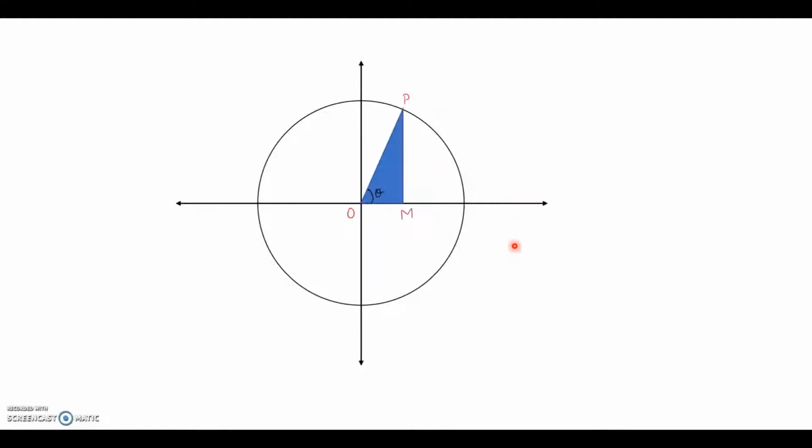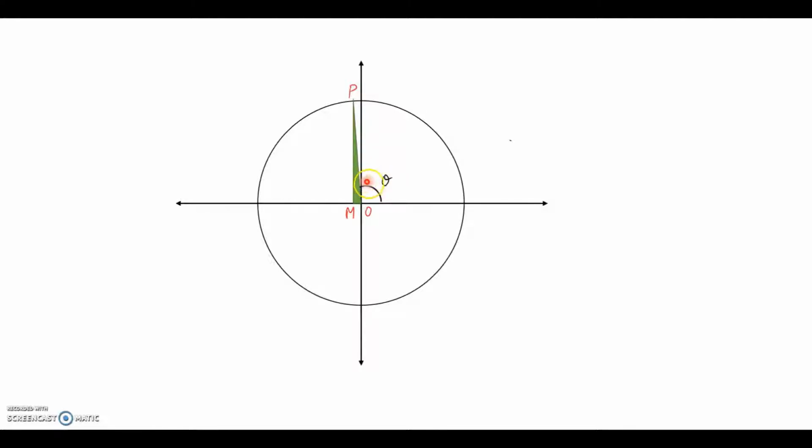As I move the point P, can you see the shape of the triangle is changing, and the value of theta is also changing. Let's keep moving it further on. Now our adjacent side is almost 0 here, and theta is almost 90 degrees. If I push theta to become more than 90 degrees, let's see what happens.